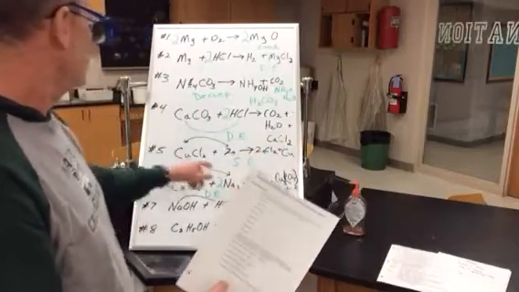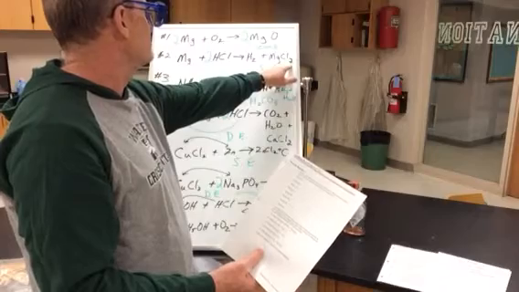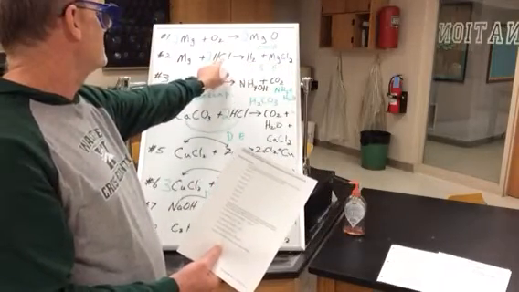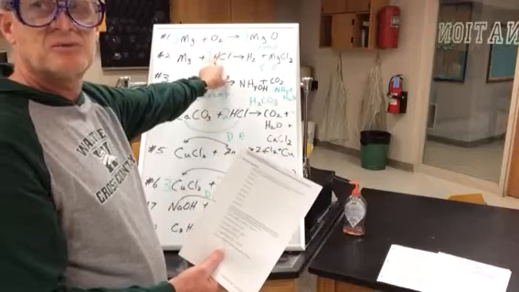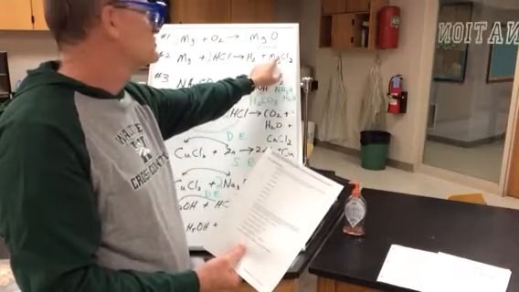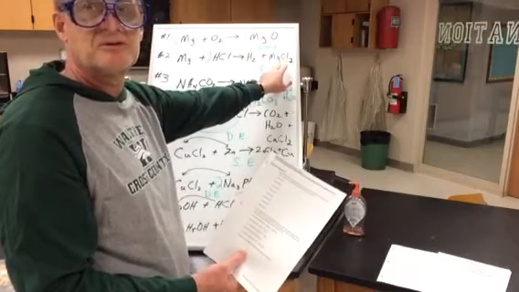Because remember, for this one here, I needed a subscript 2 for the Cl that I didn't have on this side. That's because HCl had a +1 and -1 charge, didn't need a subscript. Mg has a +2 charge, and chlorine only -1. So I needed to balance that with a subscript.